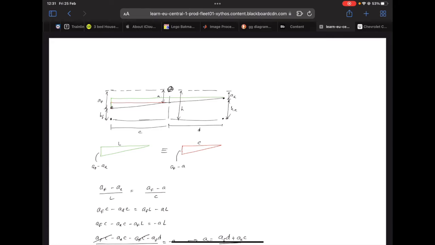And so if you put the one side over this side, they should be the same ratio. We know what AF and A are, we know what C and L are, so you end up working out A is AF D plus AR C divided by L.